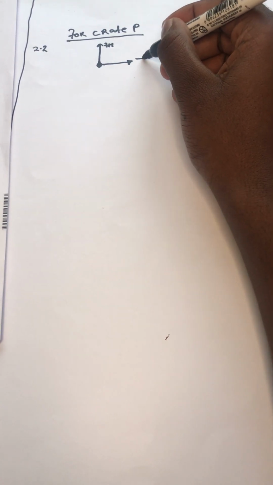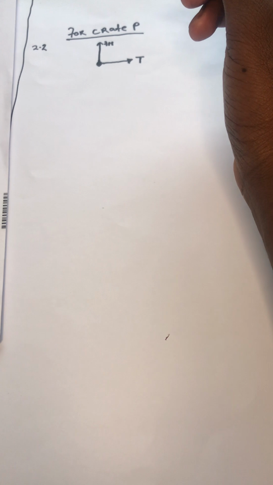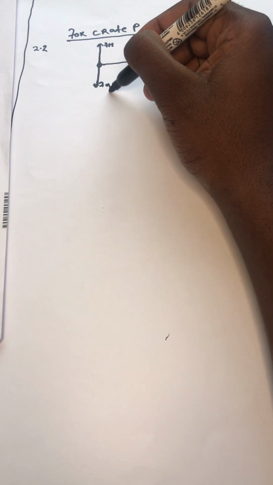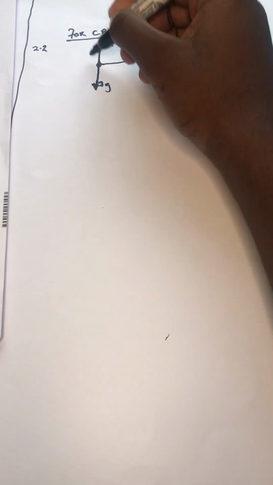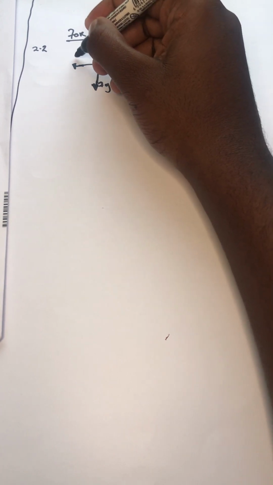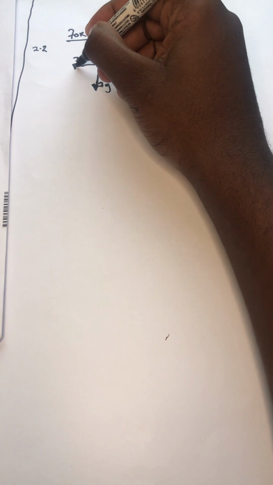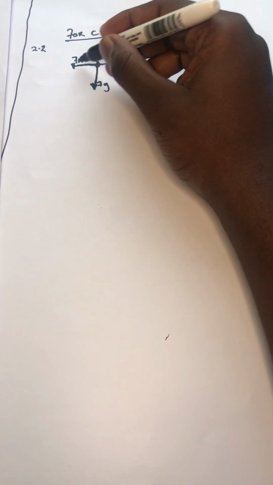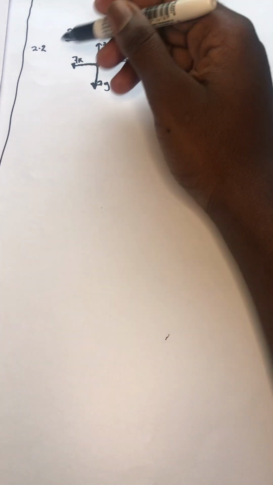Okay, we have a tension, and then we have Fg, force of gravity, and then we have a force that opposes a motion of an object, a frictional force. Okay, so this is our diagram. Make sure we see all line for the purpose of the video.